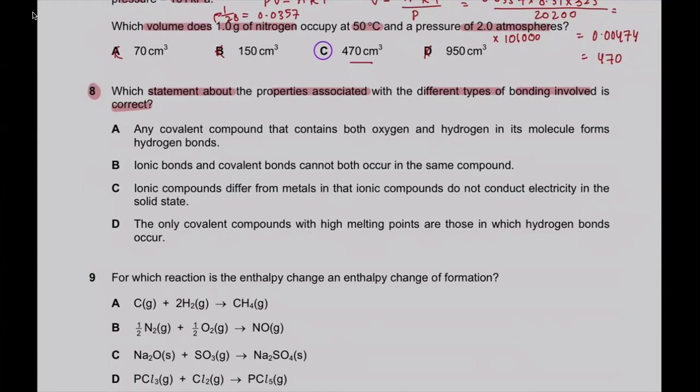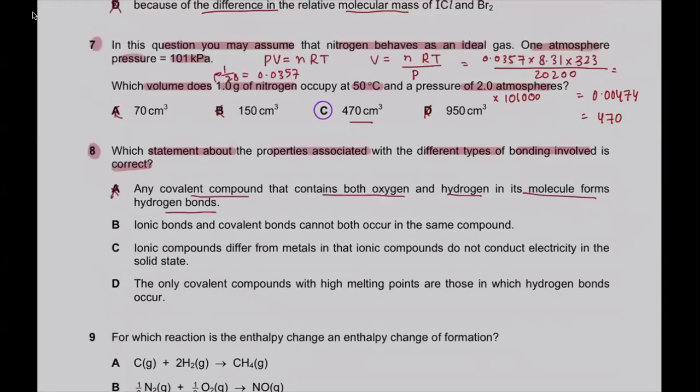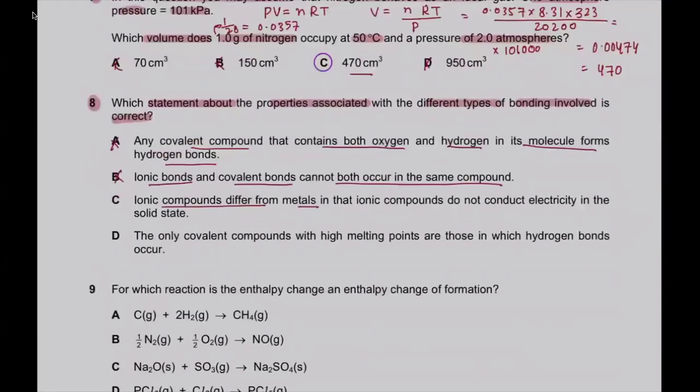No, it's not necessary. So A goes wrong. Ionic bonds and covalent bonds cannot both occur in the same compound. That is also wrong. There are compounds which have ionic and covalent bond both. Ionic compounds differ from metals in that ionic compounds do not conduct electricity in the solid state. Yes, that can be the answer.